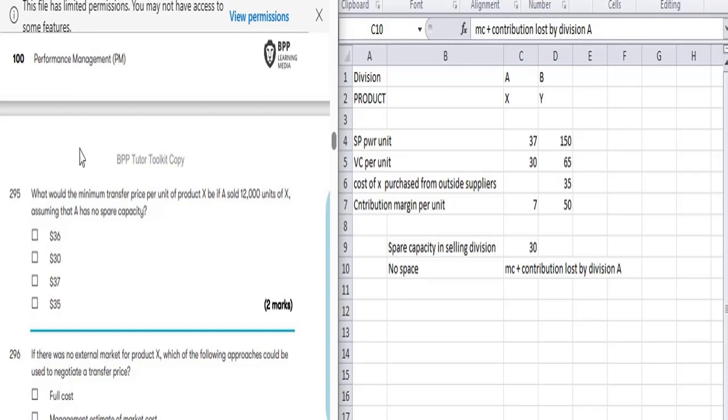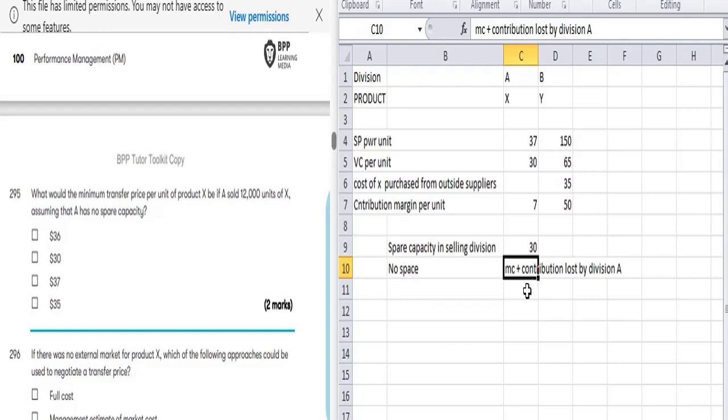Division A is going to sell division B 12,000 units of product X, but whatever capacity division A has is fully utilized, so there is no spare capacity.